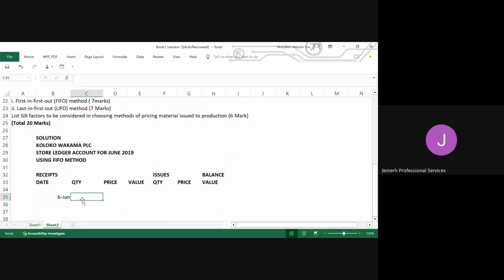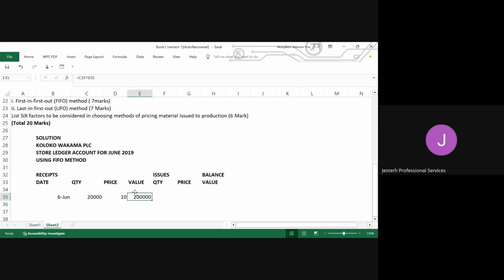Now you come here, you put 20,000 at the rate of 10 naira. Now we want to get the value. What we just do is multiply the total units with this 10 naira, then you get the total value at the period when they purchase it.